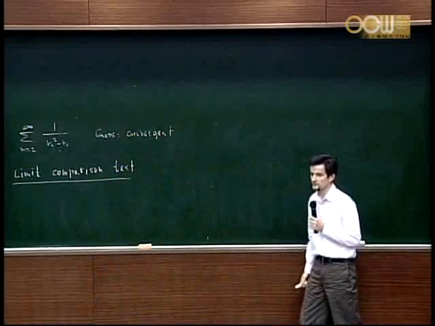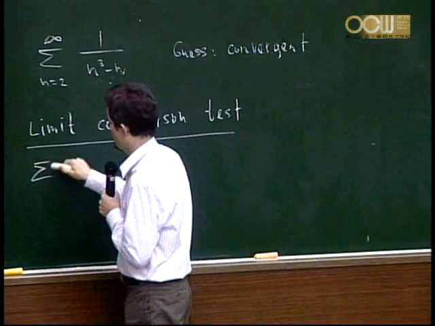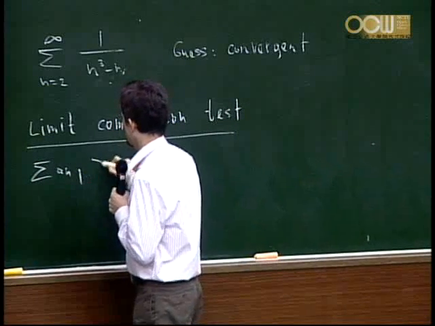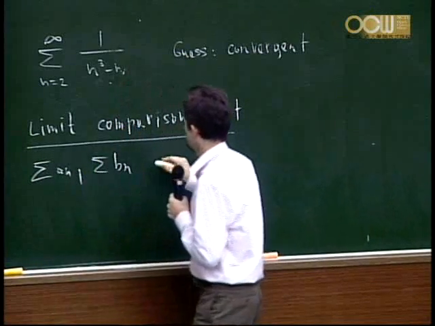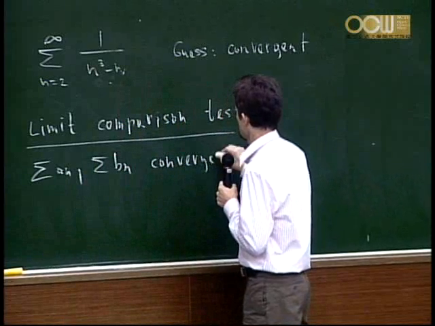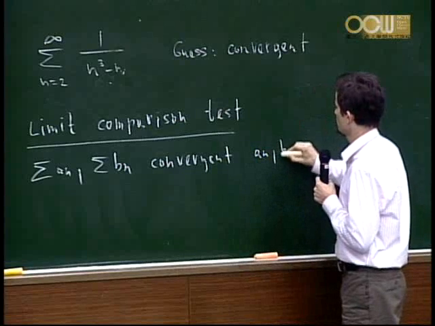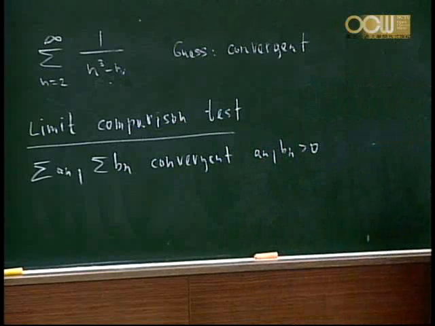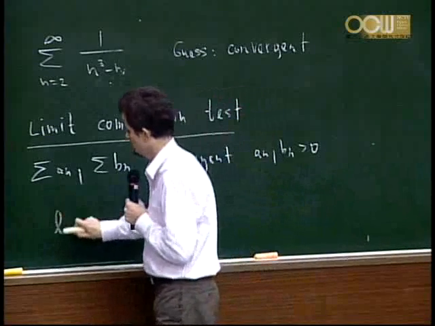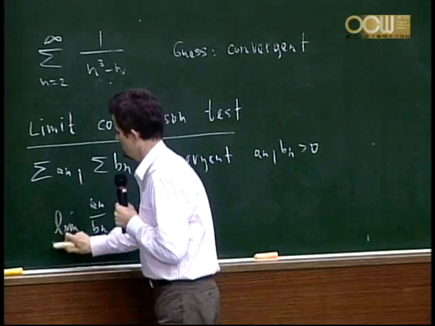Okay, so the situation is pretty similar to the situation we have discussed in the usual comparison test. So we have given two series, and the terms are all positive. Okay. Now what you look at is the following limit. So the limit of an over bn as n tends to infinity.